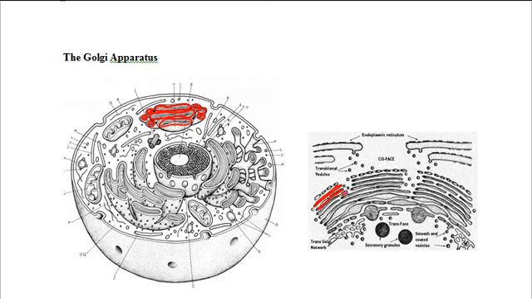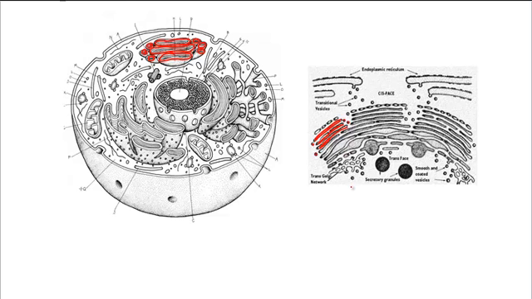And what makes them structurally different from the ER, besides function, is that each of these sacs is independent. They're not interconnected like the ER tubes are. And off the ends, they're easily recognizable because they'll have vesicles off the end of them.